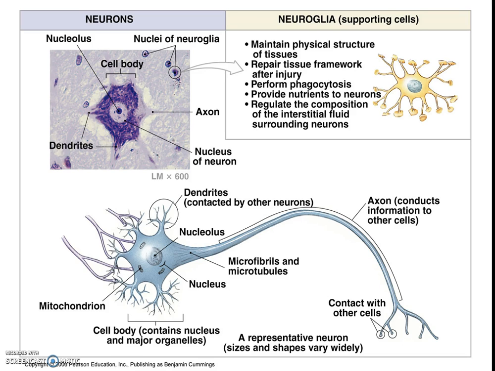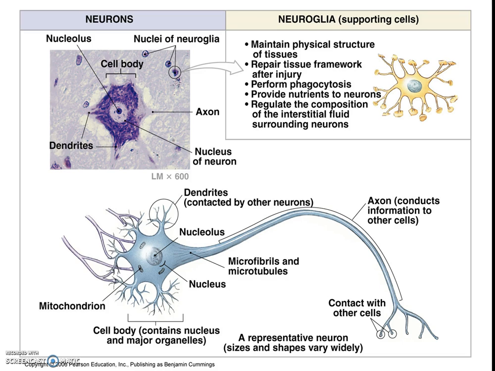Then we see the very last part of the cell called the axon, and the axon is where we send information. In other words, an impulse is generated called an action potential, moves down this axon, and when that impulse gets to the very end of the axon, where it synapses with either another neuron, a muscle, or a gland, then it releases the neurotransmitters, and that causes some sort of response in whatever it is synapsing with.